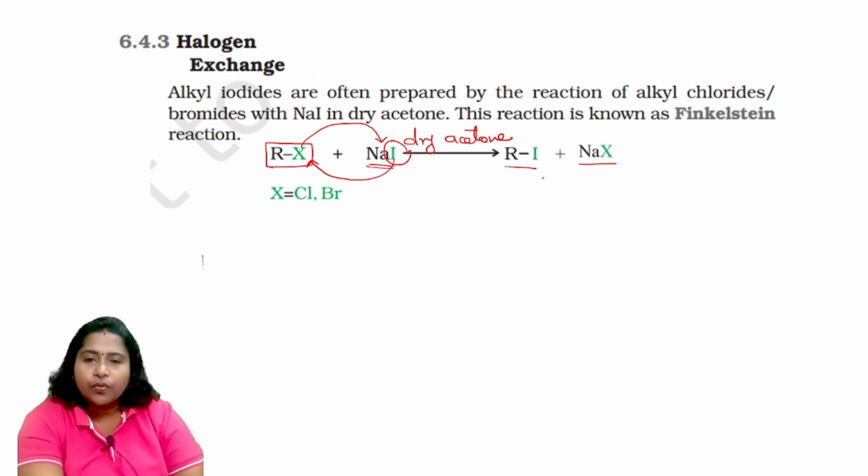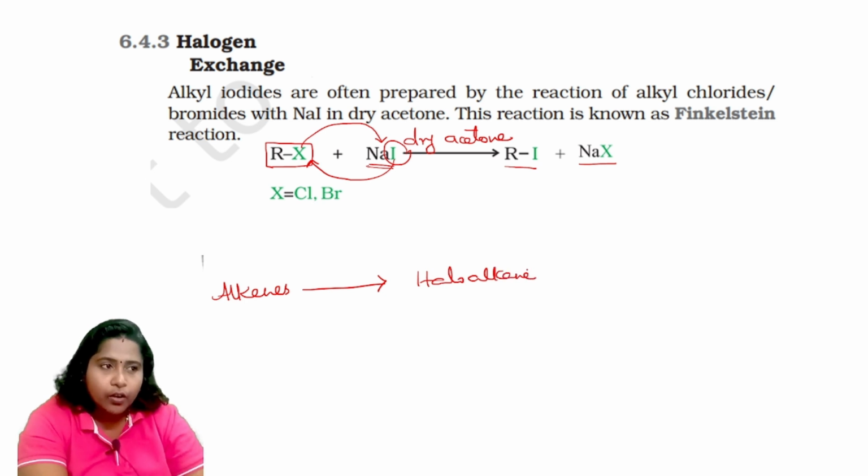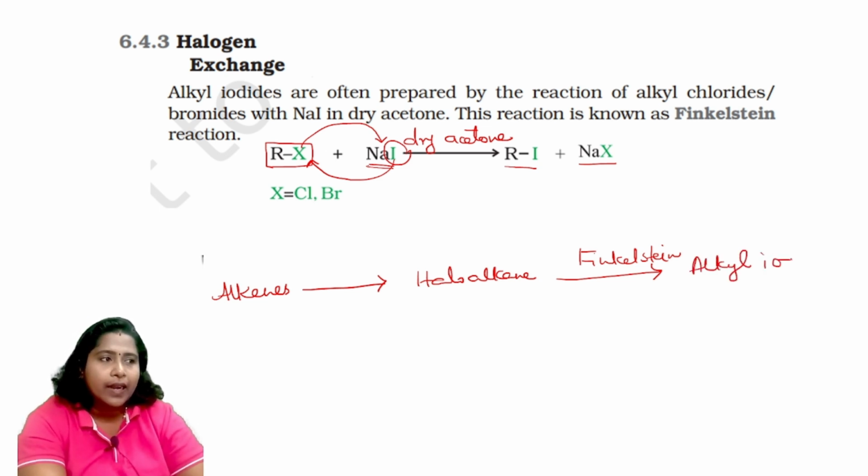So first what we have to do: the alkene we need to convert into a haloalkane. Then we apply the Finkelstein reaction here, and then we can prepare an alkyl iodide.